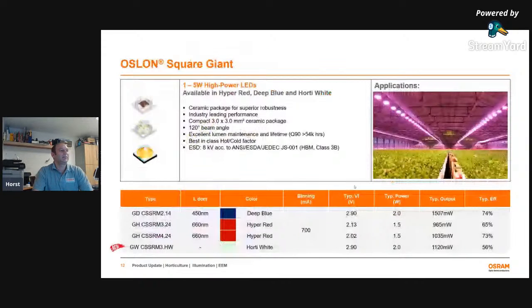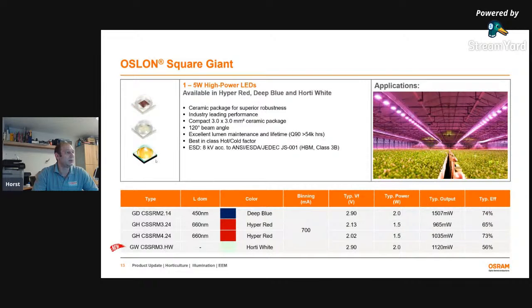So the best-in-class LEDs we can offer for, like you can see here, top light application in greenhouses is of course our OSRAM Square Hyper Red. And you can see the data here: 3 by 3 millimeters, a Lambertian emission with a very good lifetime.